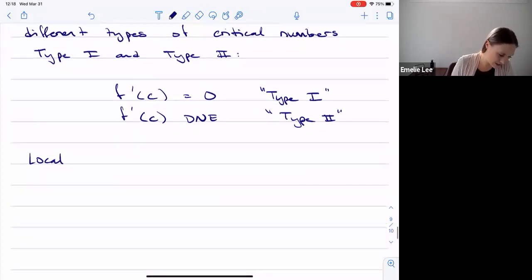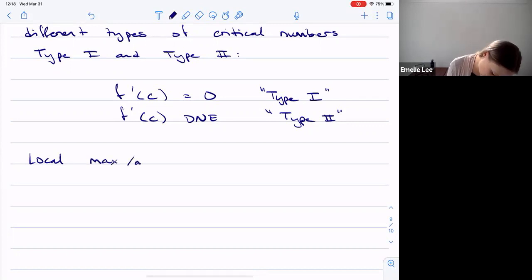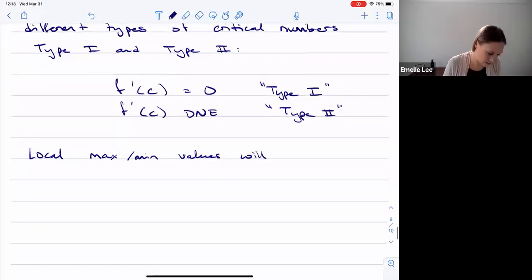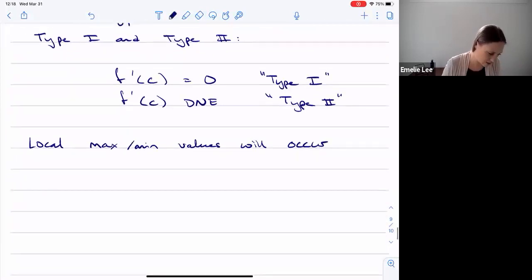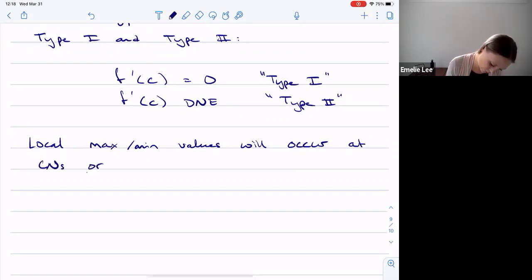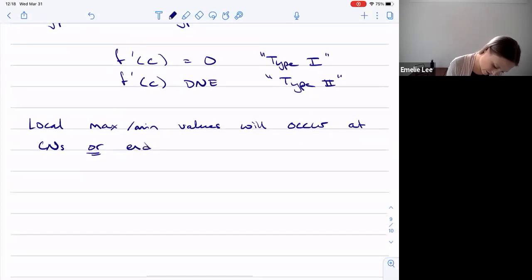Local max and min values will occur at critical numbers or at the endpoints. So local max and min values will occur at critical numbers or endpoints.